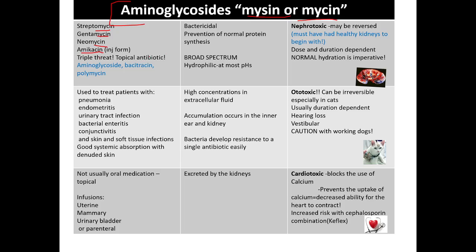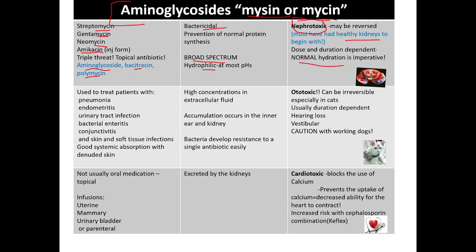A triple threat when we give a topical antibiotic often includes an polymyxin. It is bactericidal. It prevents normal protein synthesis. It is broad spectrum. It is hydrophilic at most pHs. It is nephrotoxic. You have to have healthy kidneys to give it. And we have to have normal hydration.